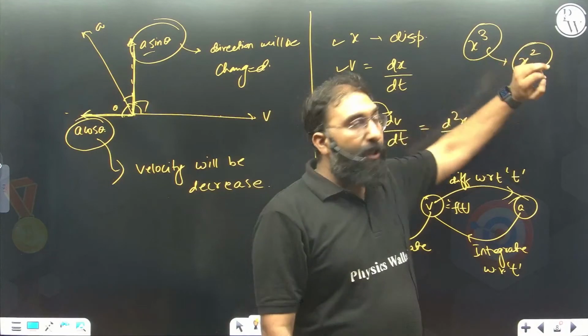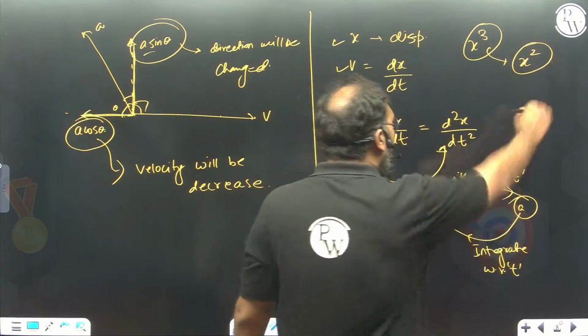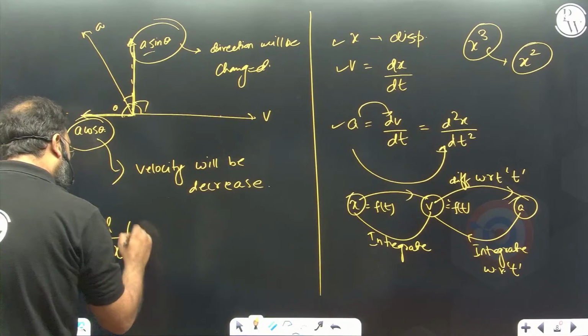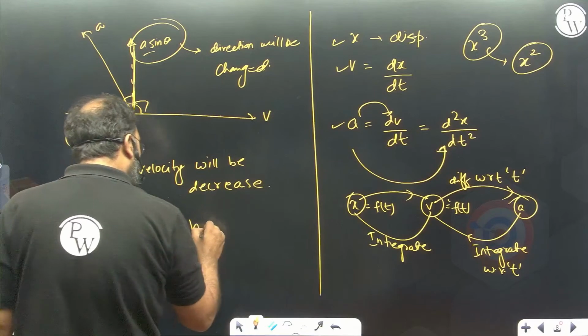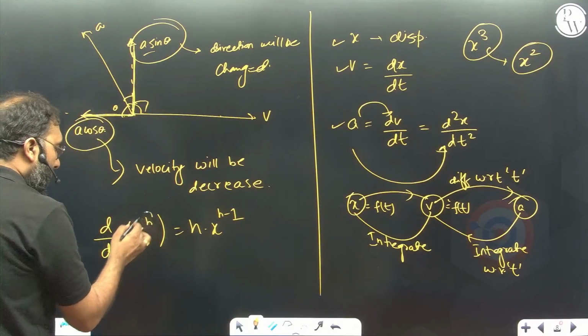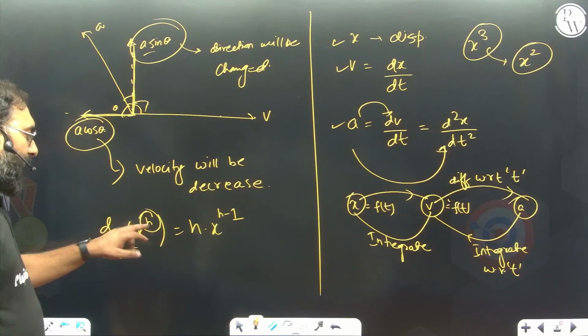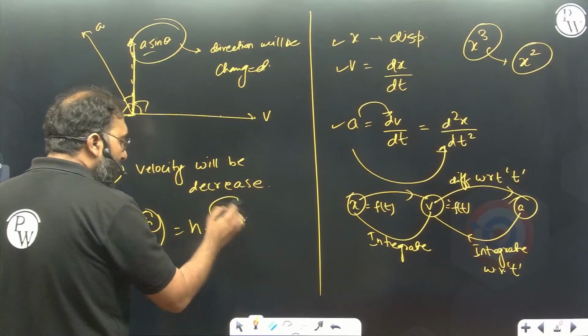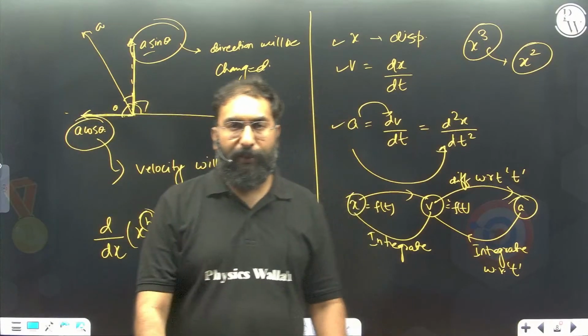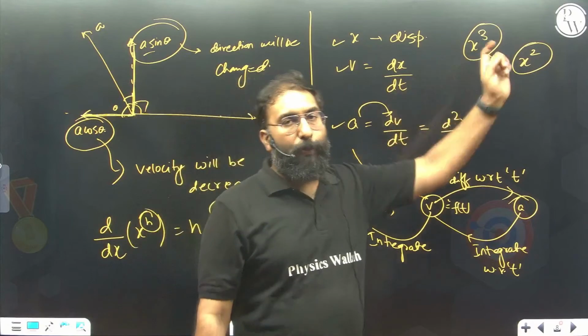So the degree has reduced by 1, because the formula for the differentiation of x to the power n is n times x raised to n minus 1. The given function had degree n, and the differentiated function has degree n minus 1. So whenever we differentiate an algebraic function, its degree reduces by 1.